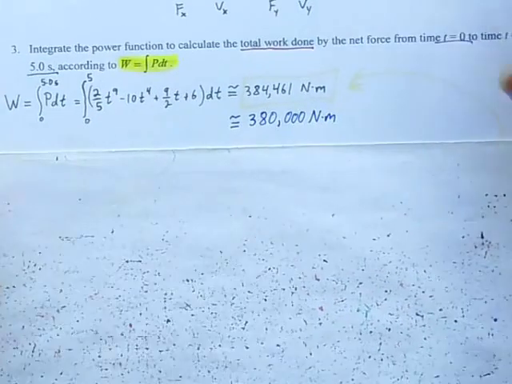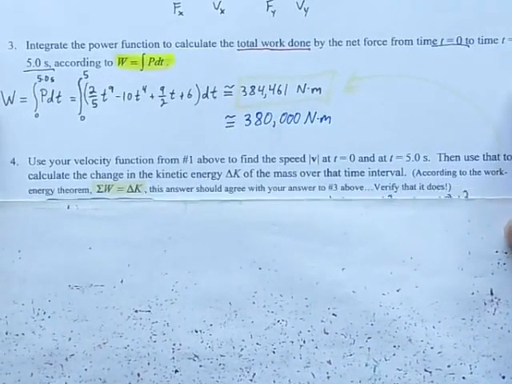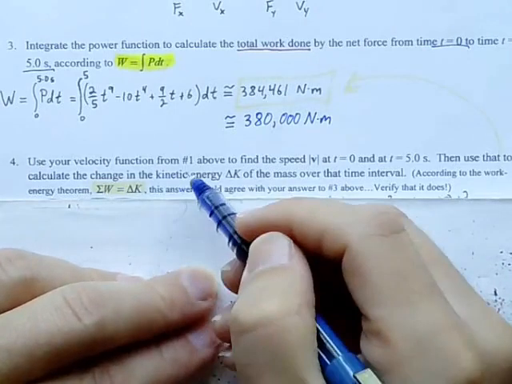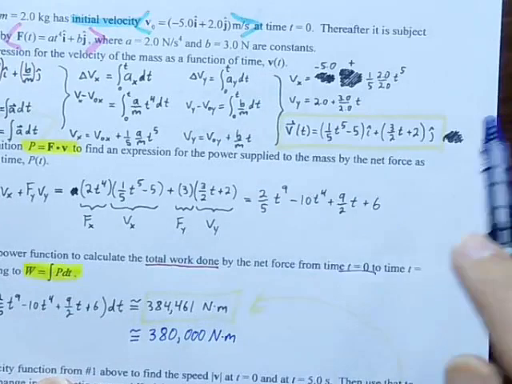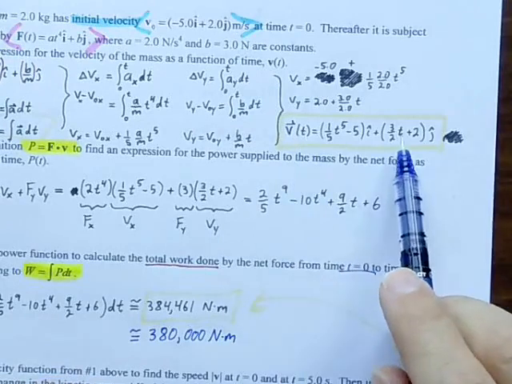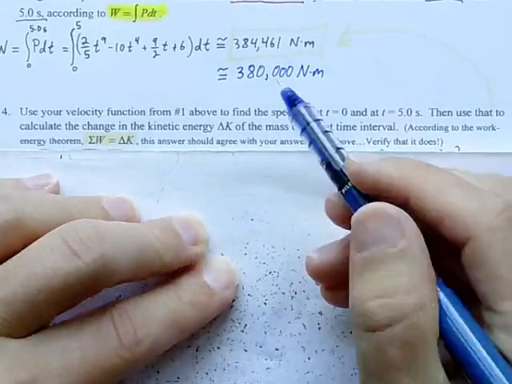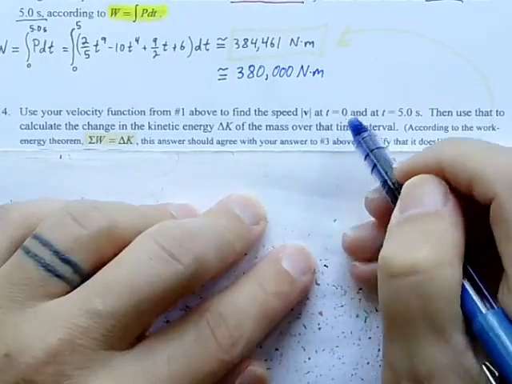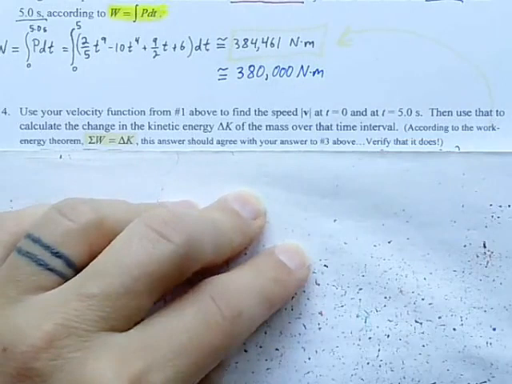Okay, last question. Here, use your velocity function that you got in number 1 above, this velocity function here, so you have Vx and Vy as functions of time, to find the speed v, the magnitude of the velocity, at these two times, at time 0 and at time 5 seconds.